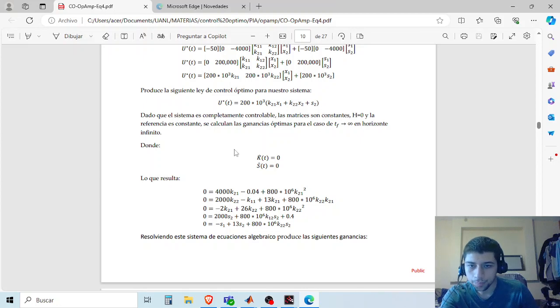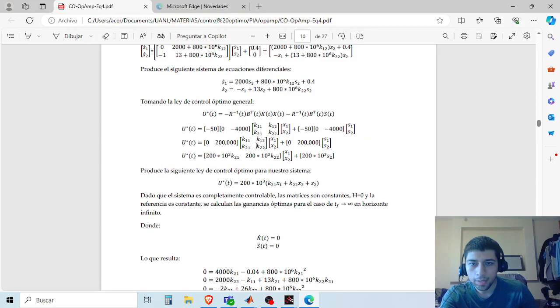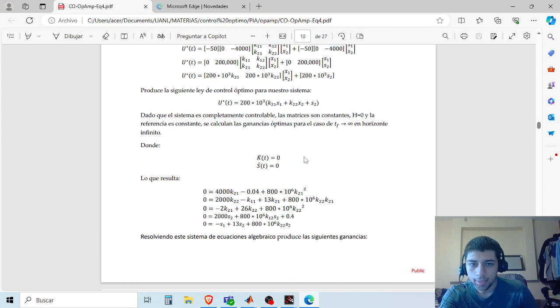To simplify the problem, since we are only taking into consideration a pretty long time of the dynamics of the system, we are gonna assume that our final time converges to infinity, and also we know that our H matrix is 0, so that gives us the following simplification.